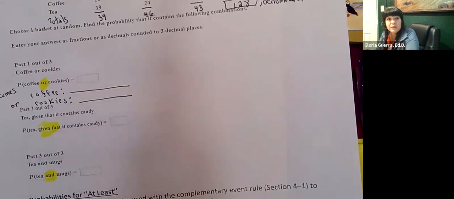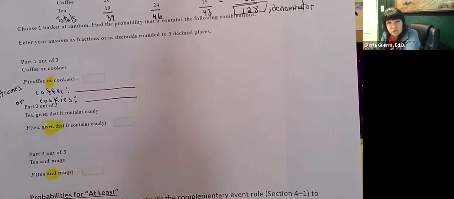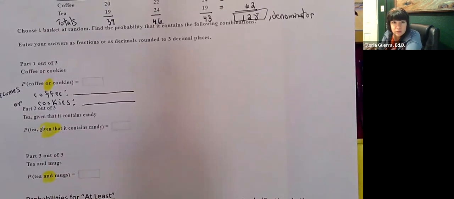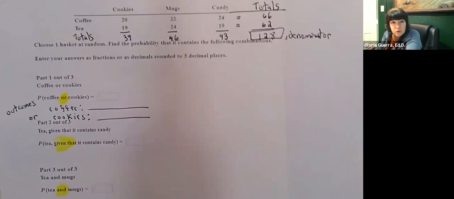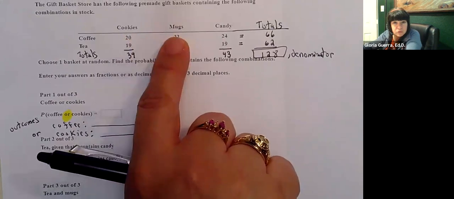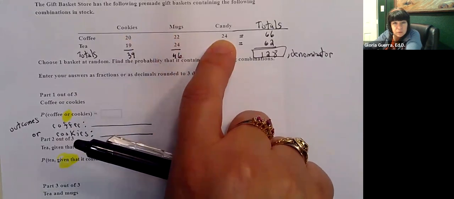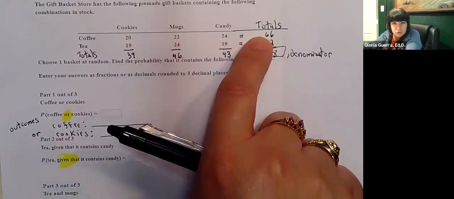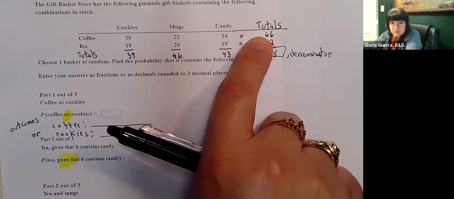Okay. And because this is an or, I'm also going to keep track of my totals for these. So for the coffee, we have 20, 22, 24, and I'm going to keep track of my totals. So I put colon 66.